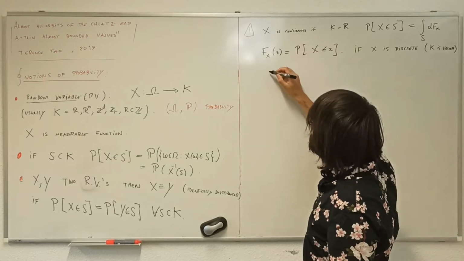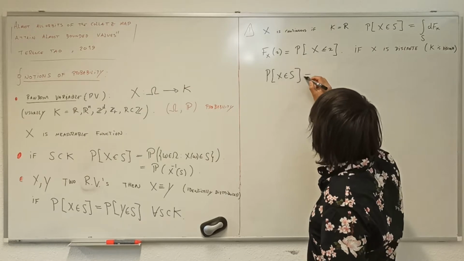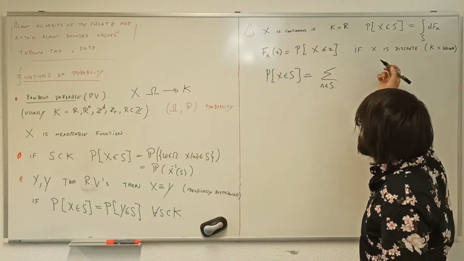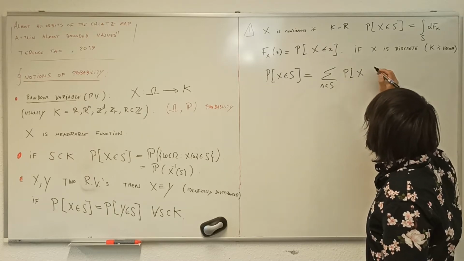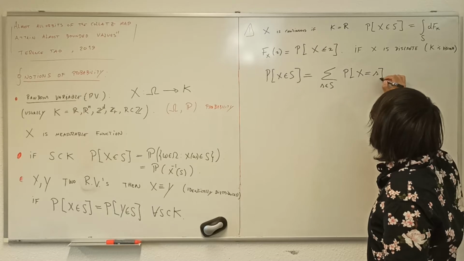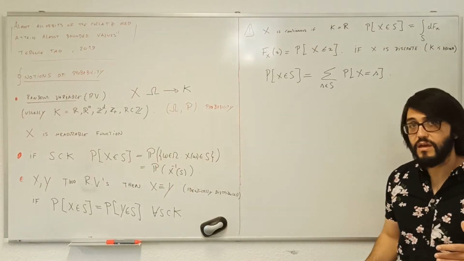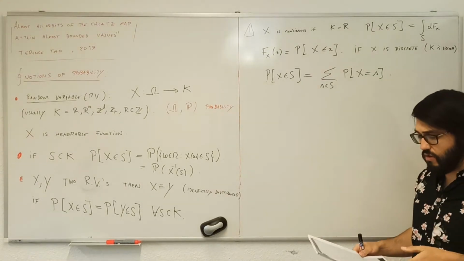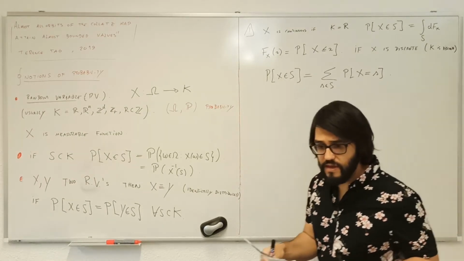Then the probability of X belonging to a set S is nothing but just the sum over s belonging to that set of the probability of X equals s. Okay, and we'll be dealing with both cases. We'll be dealing with probability measures that are discrete and continuous in these lectures.